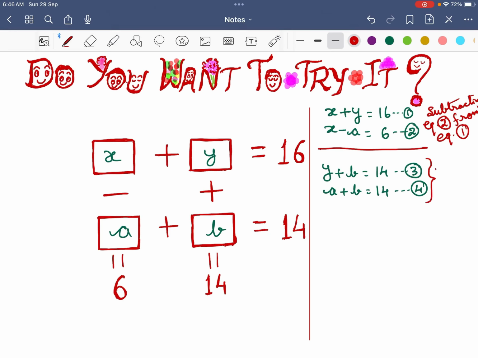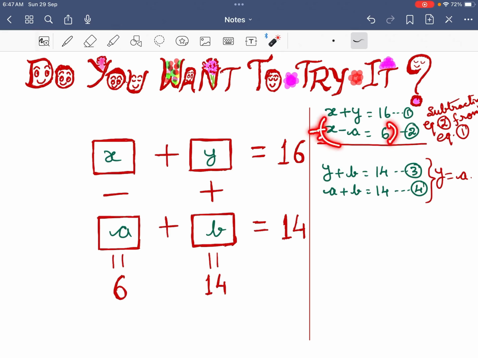Now, when I am subtracting equation 2, we change the signs. So plus x is carrying plus sign, so minus into plus, it will become minus. And minus into minus, it will become plus. And here no sign means plus, plus into minus, it will become minus. So let me change these signs. x will become minus, a will become plus, and 6 will become minus.